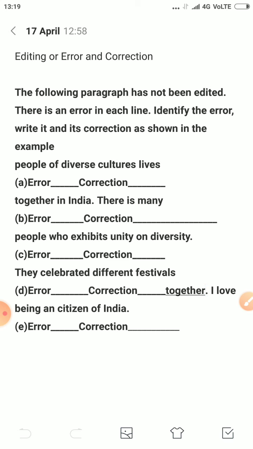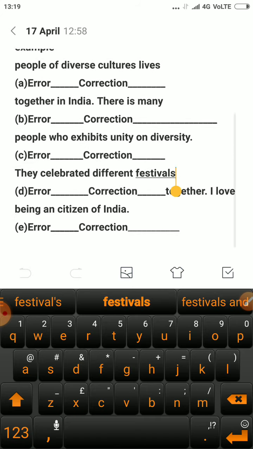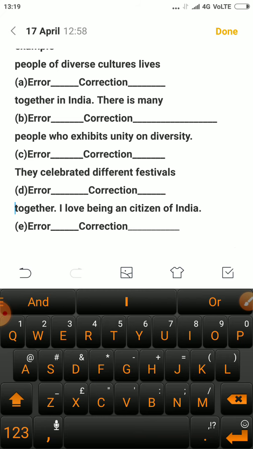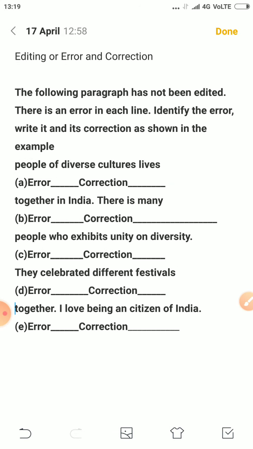There is an error and a correction. Now the next line, together full stop, I love being an citizen of India. There is an error and a correction.